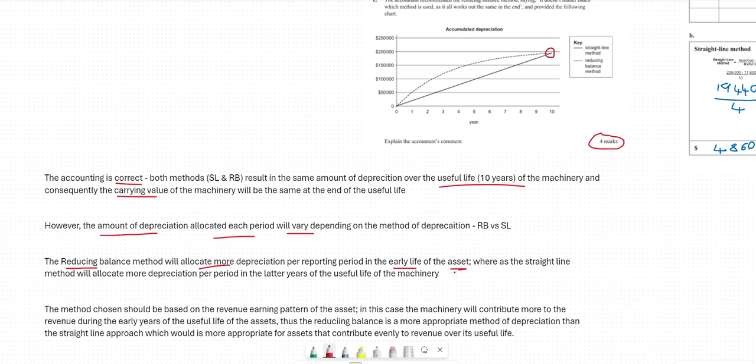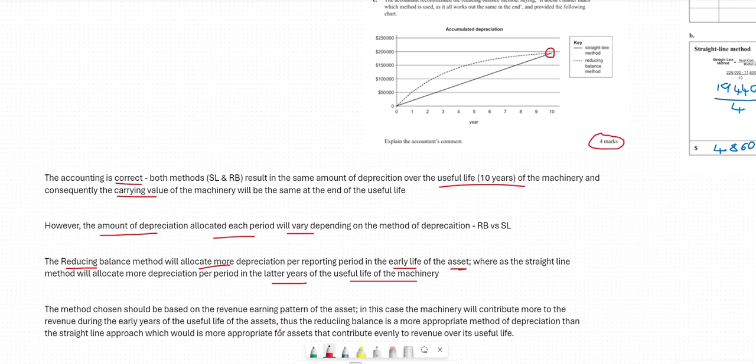Whereas straight line, there's a higher allocation of the cost relatively in the latter years of the useful life. And then the third mark, final mark, and not many students pick this up, is for basically going in to bat for one of the methods. So in this case, because machinery has a lot of moving parts, it's going to contribute more to revenue indirectly in the early years of its useful life when it's running very efficiently.